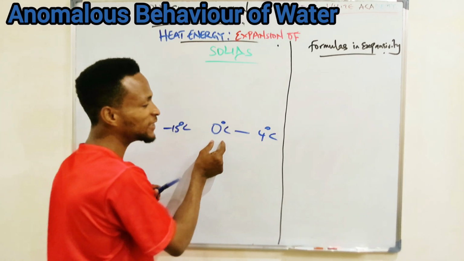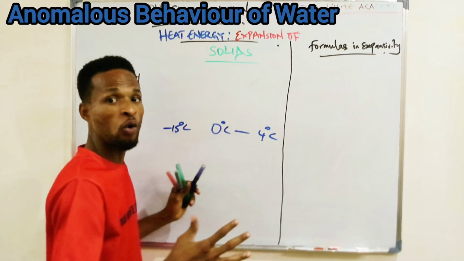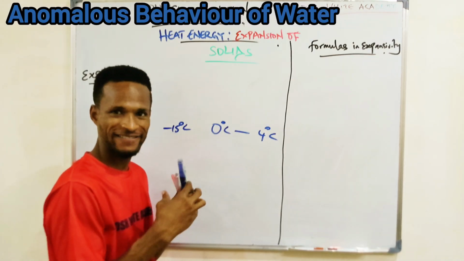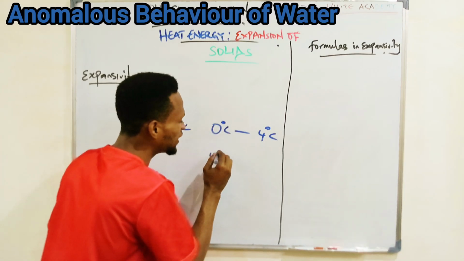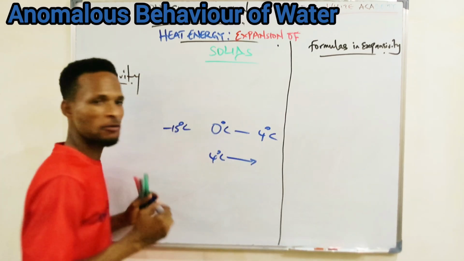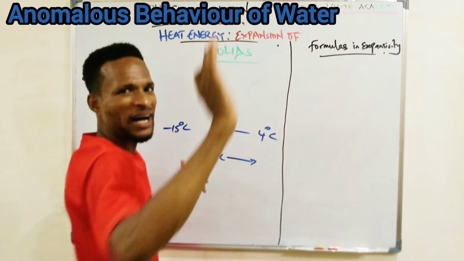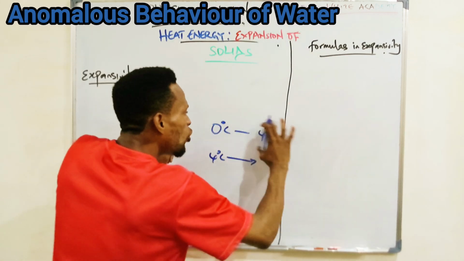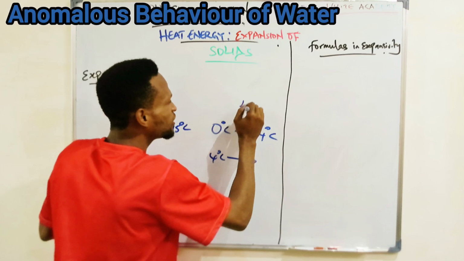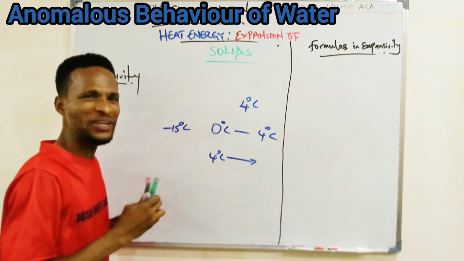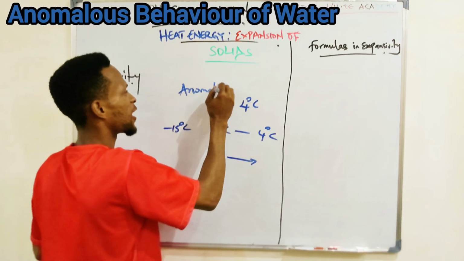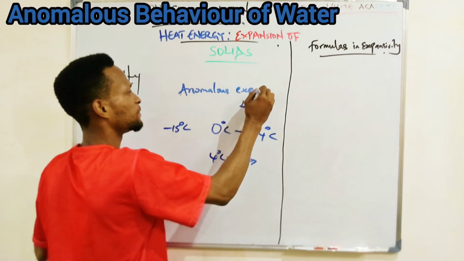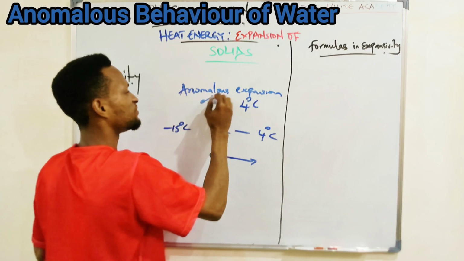Between 0 degrees Celsius and 4 degrees Celsius, water begins to contract. Then from 4 degrees Celsius and above, it continuously expands. That behavior of water at 4 degrees Celsius is known as the anomalous expansion of water.